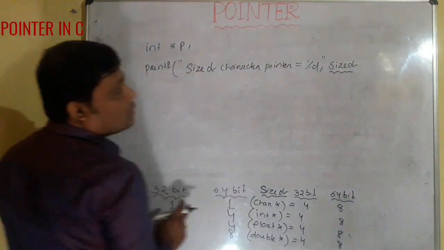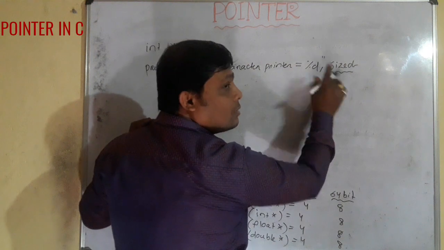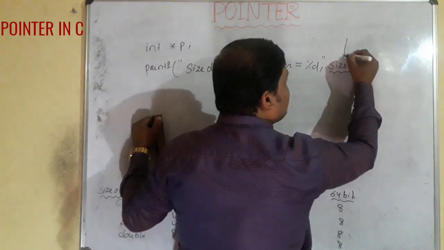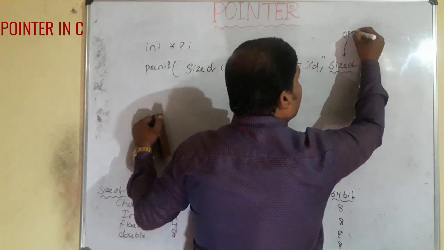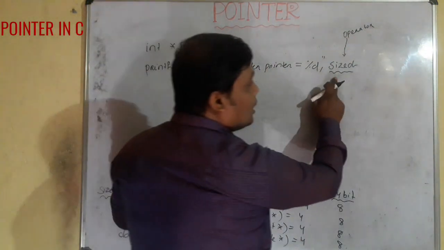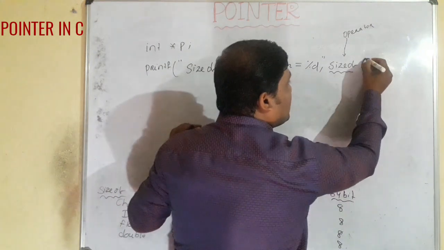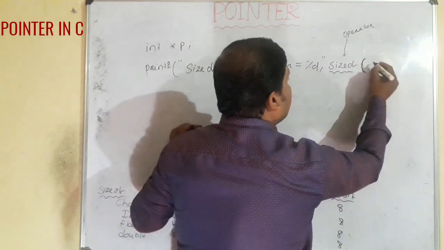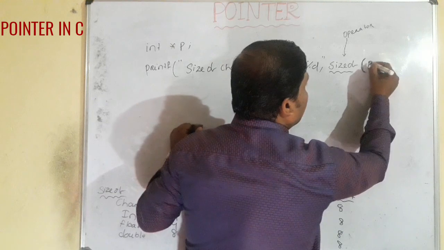Just give importance, this sizeof is one word, this is a keyword. Sizeof is an operator and it's one word. Then inside parenthesis we give what? p.